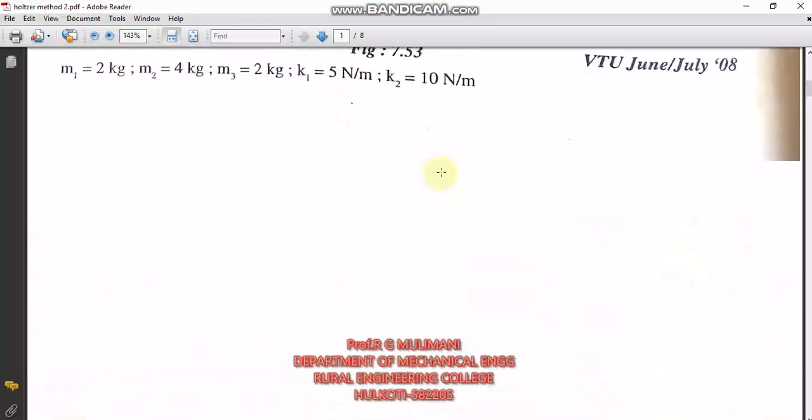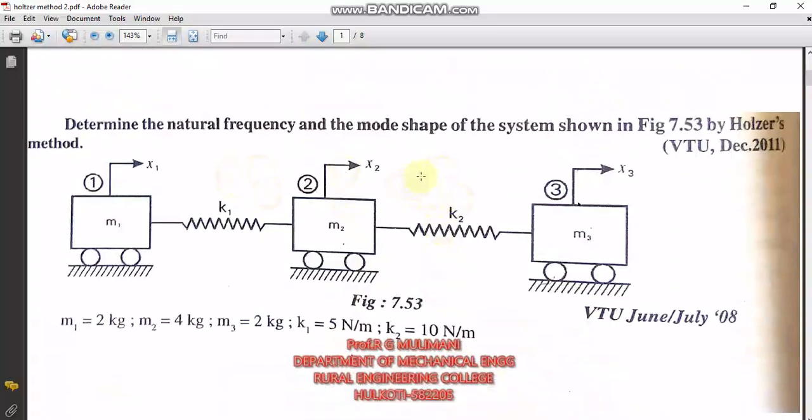Okay, what is the difference here? In the previous problem, one end was fixed and the other end was free. Now it is a free system. In the free system, you have to take the position from the left side mass. It is position 1, position 2 and position 3. In the case of one end fixed and the other free, we took the position from the fixed end.